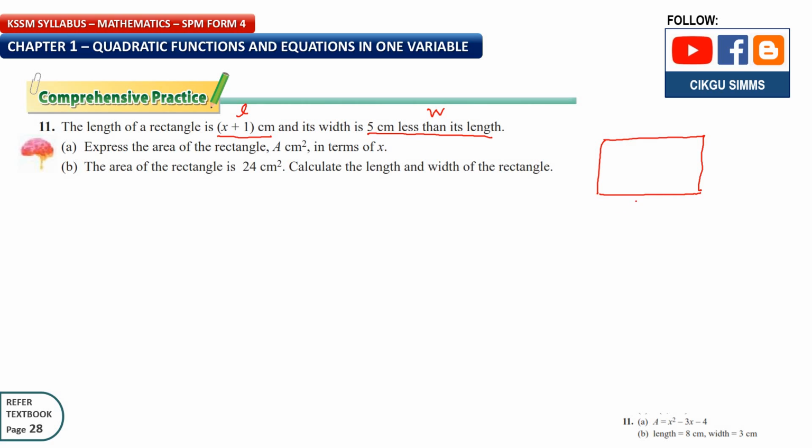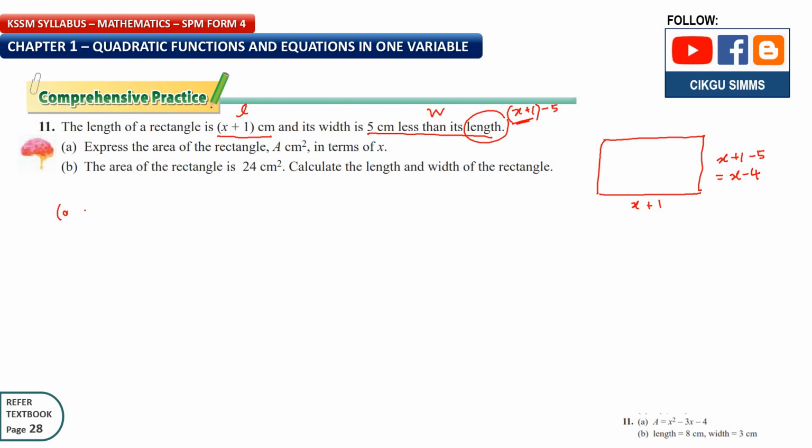So the length is x plus 1 and your width is 5 cm less than its length. So your width is x plus 1 minus 5, because it's 5 cm less than the length, right? So x plus 1 minus 5, it's x minus 4.